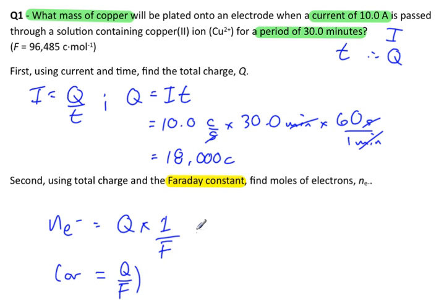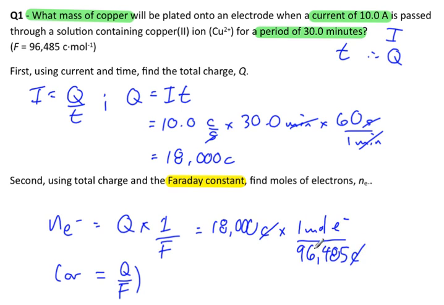Anyway, so Q, 18,000 coulombs, times 1 mole of electrons over 96,485 coulombs. And so the coulombs divide out, and I'm left with moles of electrons, and I'm left with 0.1866 moles of electrons.